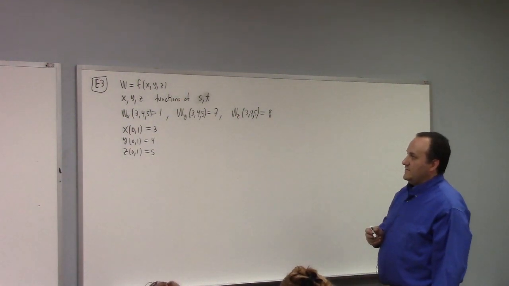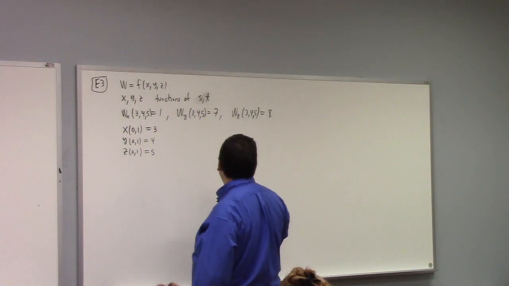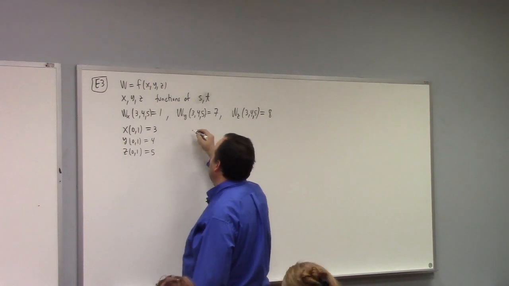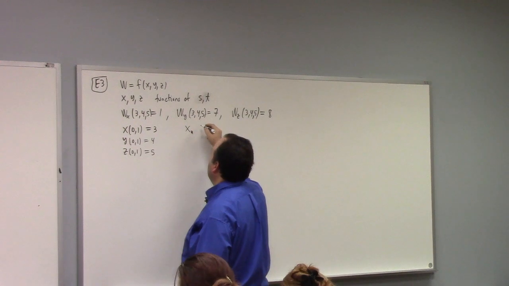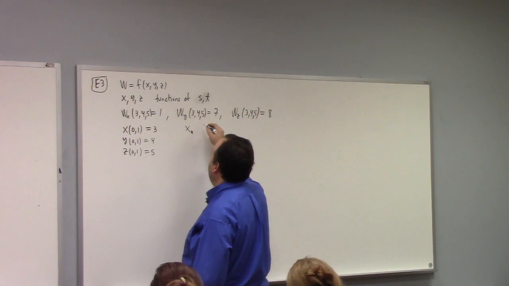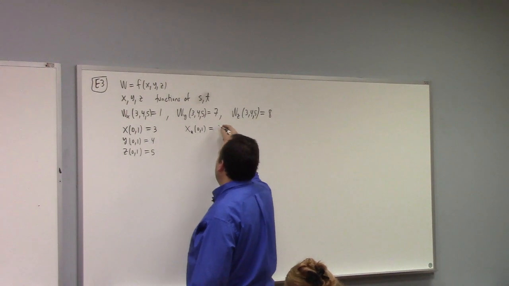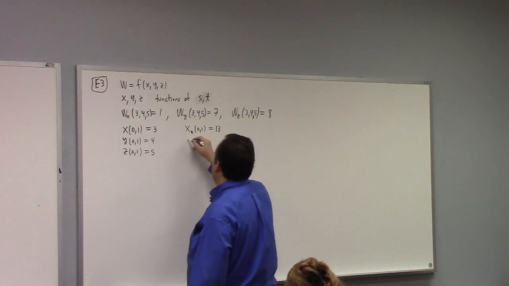And then let's see here. What else do I need to tell us? X sub u of 0, 1 is, I need some new numbers, 13.